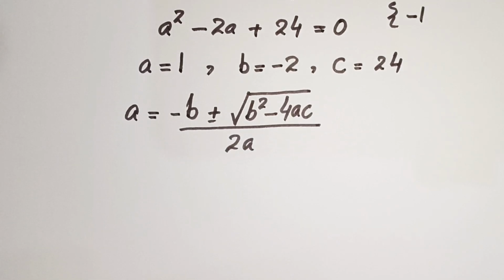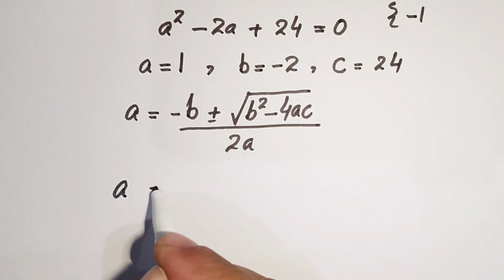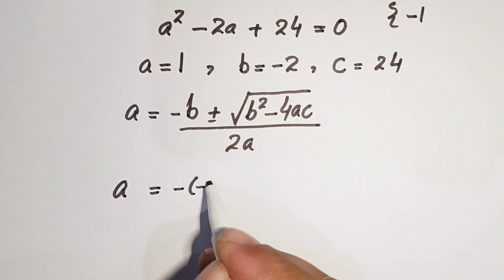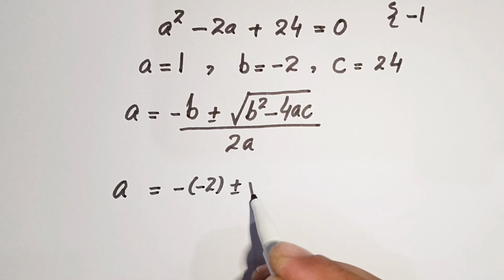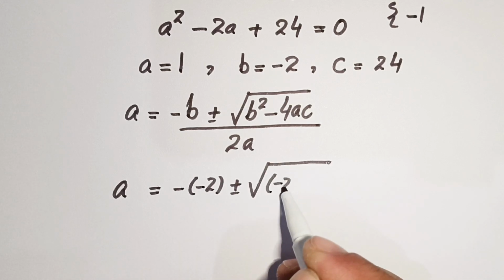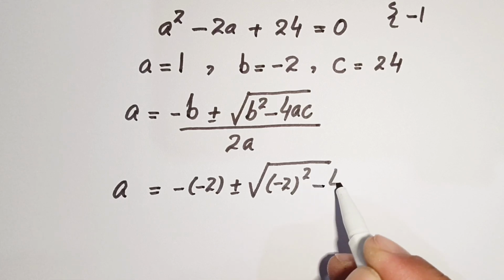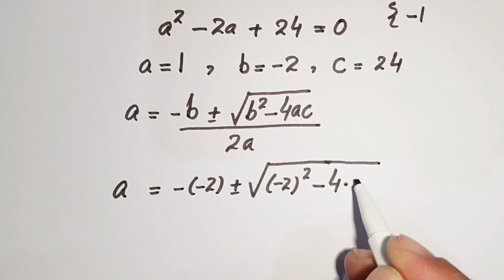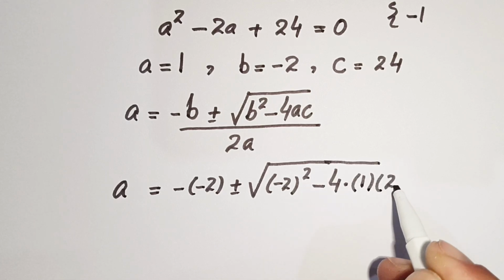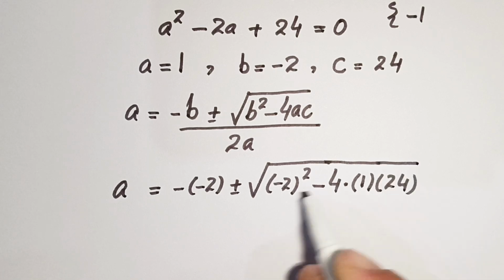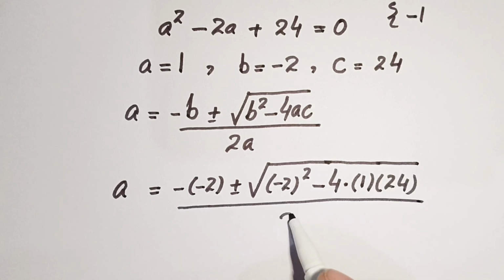Putting values of a, b and c, here a is equal to minus b, which is minus minus 2, plus minus square root of b squared, meaning minus 2 squared, minus 4 times a which is 1 and c which is 24, all over 2 times a which is 1.